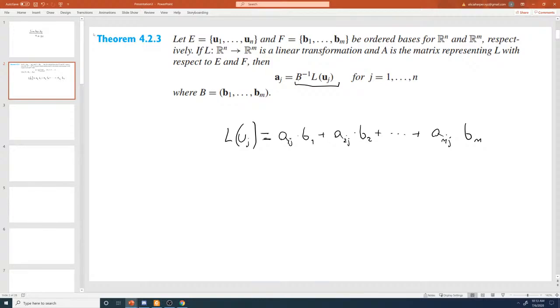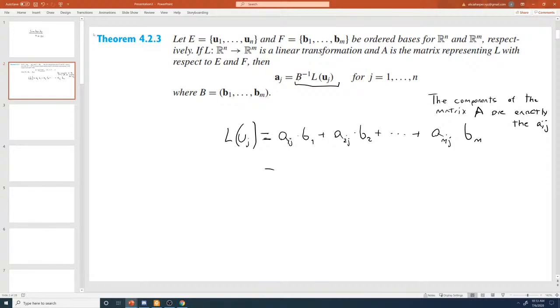And here we learn the following fact. The components of the matrix A are exactly the Aij. But the question is, how do you find these Aij?